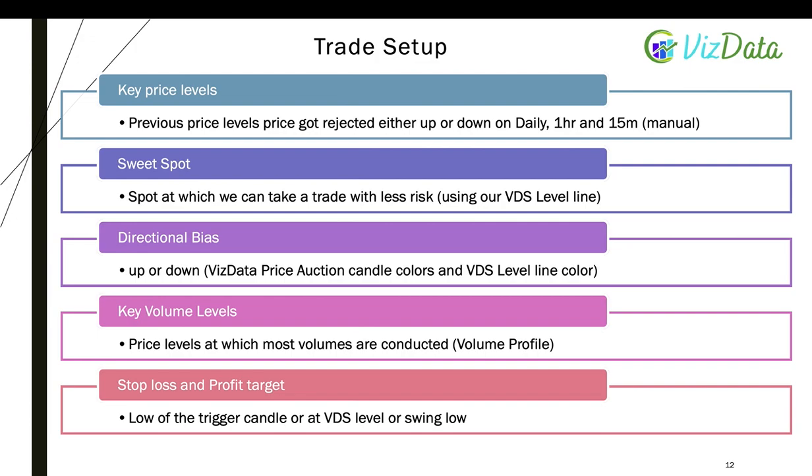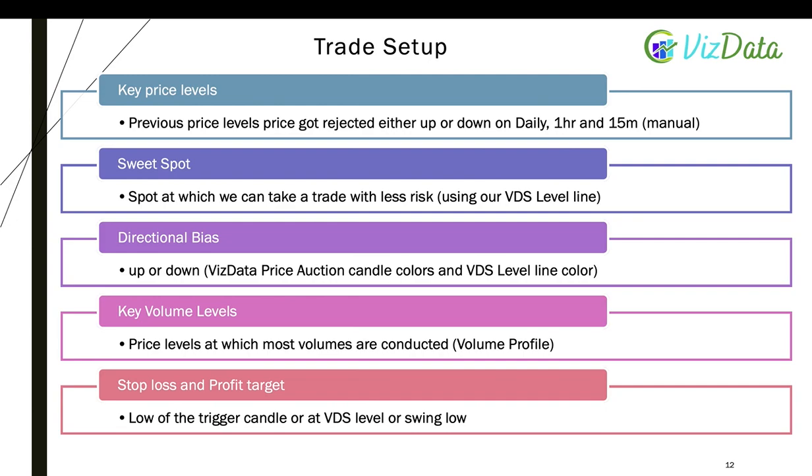The other way of understanding the key price level is using a volume profile. When you put a volume profile on our chart, it shows at a specific price point how much volume is being conducted, and also the area in which most of the volume is conducted, like 70%, whatever percentage we set.